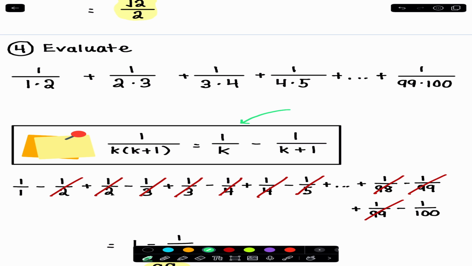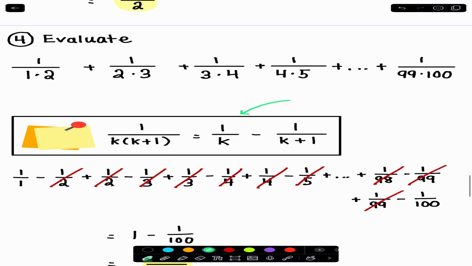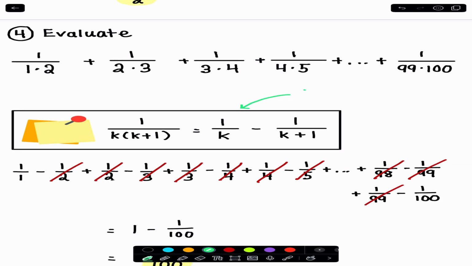Because there is a method to actually find this, and it's called partial fraction decomposition.